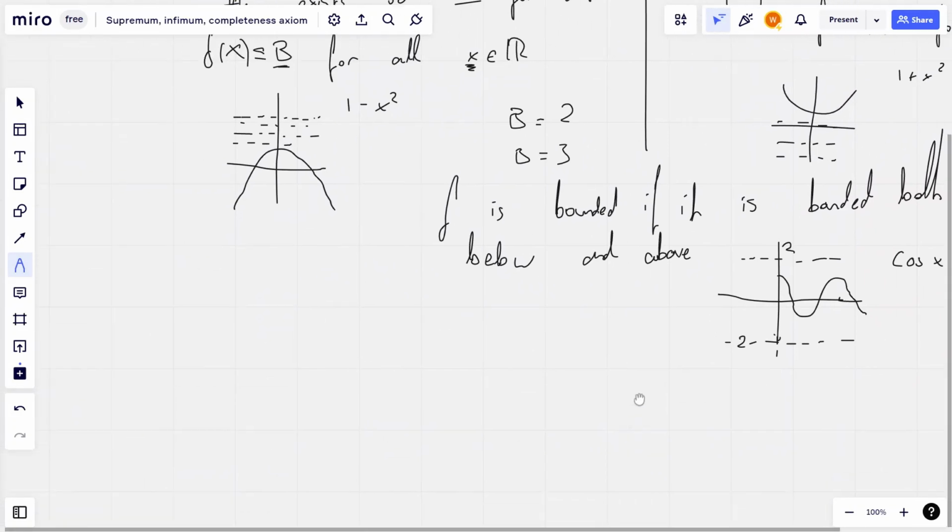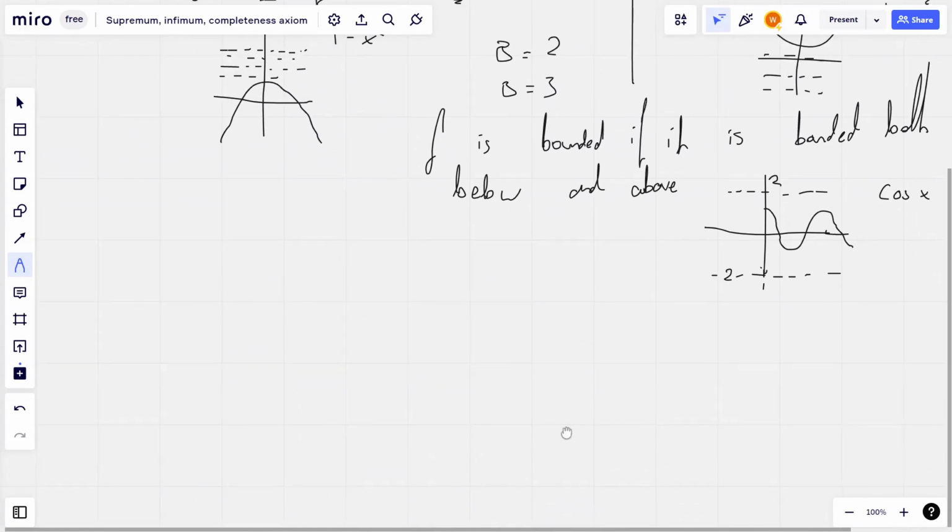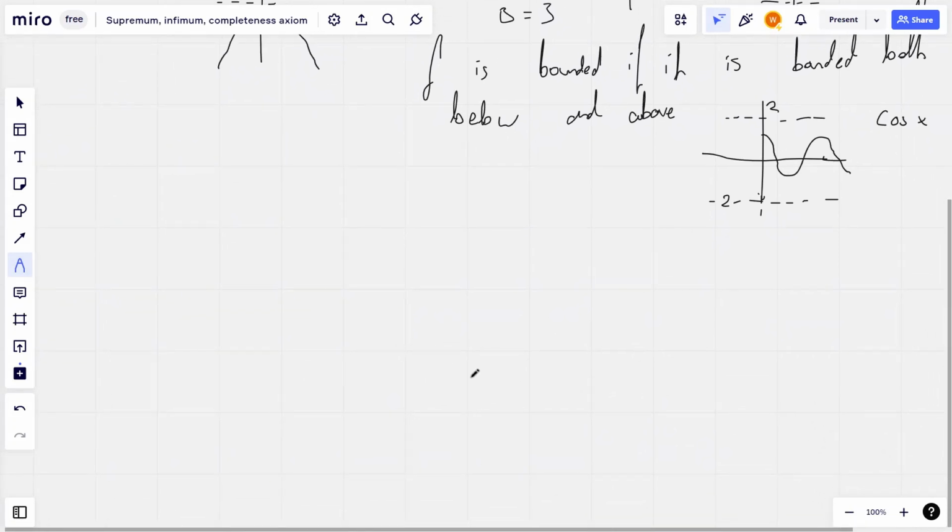Okay. Now, that's nice. It will help us in many cases, but there's something a bit more we want to explore using this. So, the definition of Supremum.